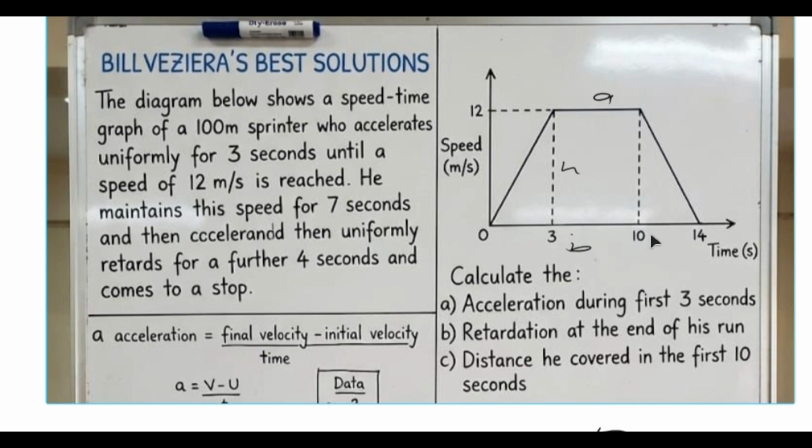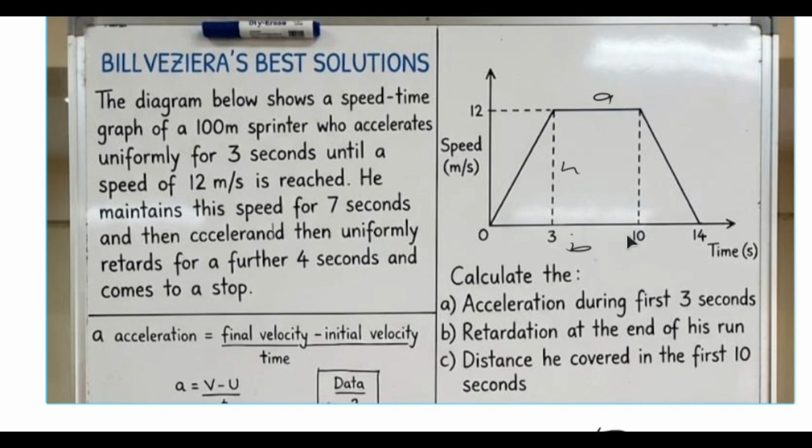This entire shape is a trapezium, and to find its area we use distance is equal to half h open a plus b close. So even if we cut it from here, we can still use this.